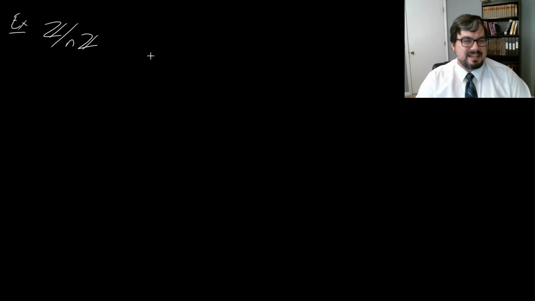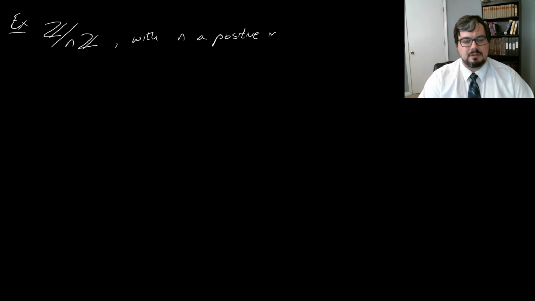Let's look at the rings Z mod nZ, which we looked at extensively in the last semester. So Z mod nZ with n a positive integer, these are all rings with addition and multiplication essentially mod n.